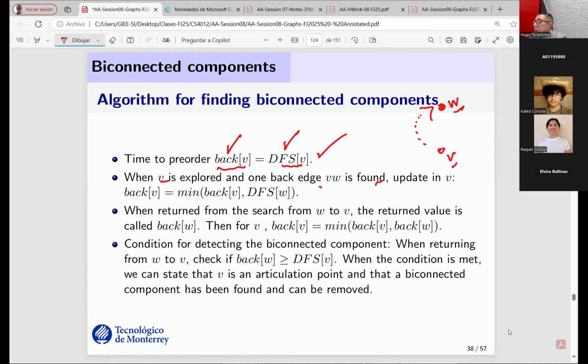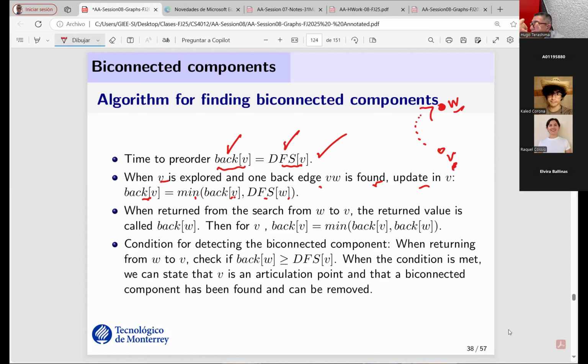So what you're going to do is update back of B, the back of this one, to be the minimum of the value that it has already and the DFS of W. DFS is the label for the search in the DFS.